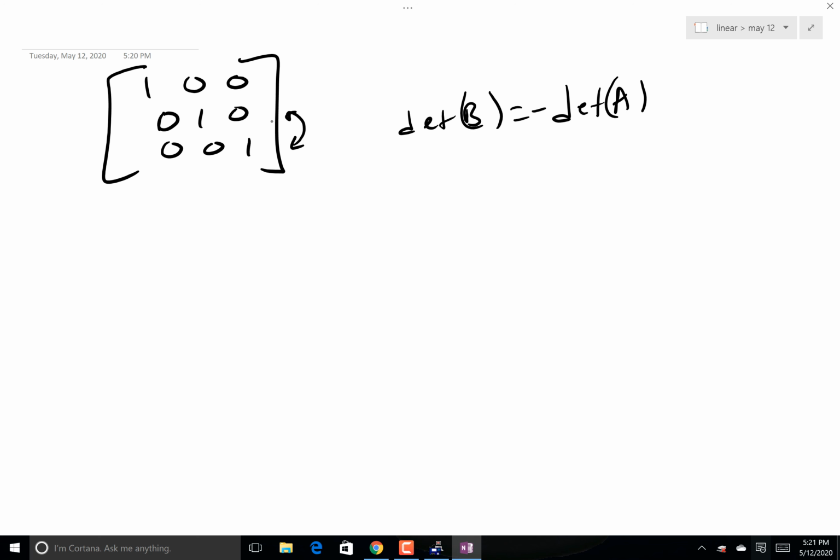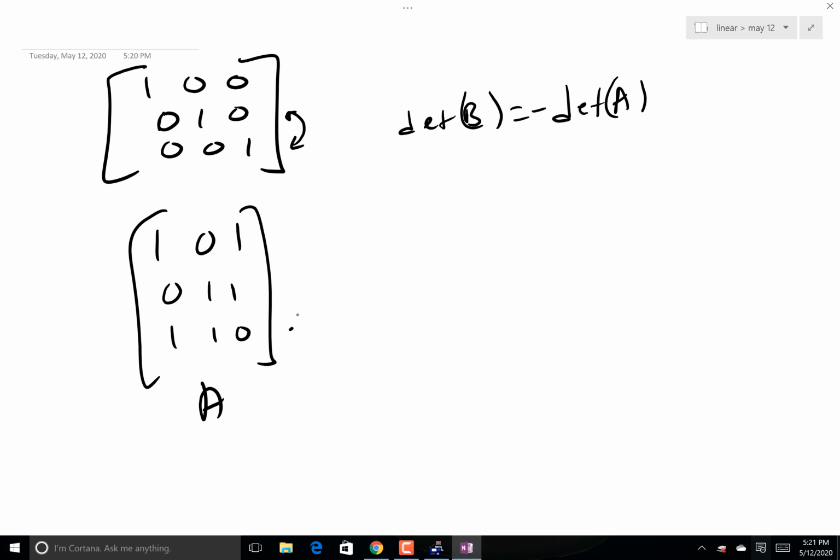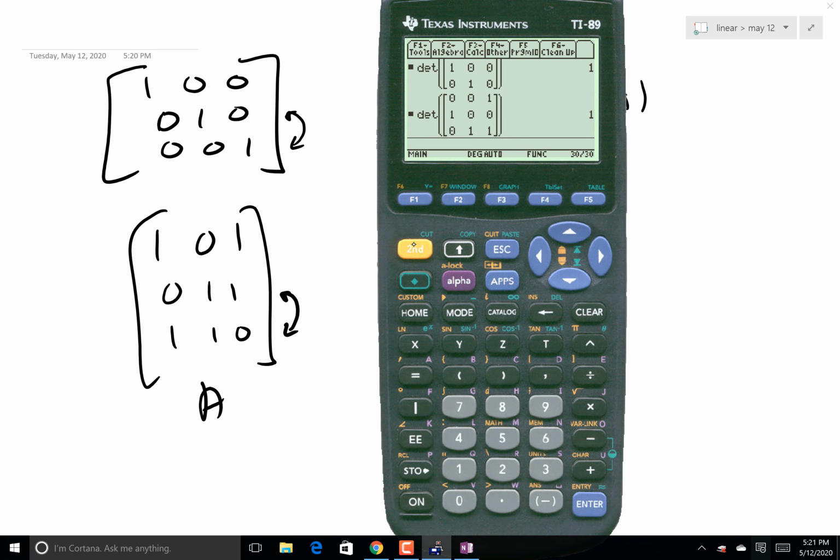However, when these are all zeros and ones, like for instance 1, 0, 1, 0, 1, 1, 1, 1, 0, if this is A, then when I flip-flop these guys, what do you expect to happen? Well, it's going to be the opposite. Well, that's true, but let's see what happens here. I agree that it's going to be opposite, but again, this just follows from the other theorem.